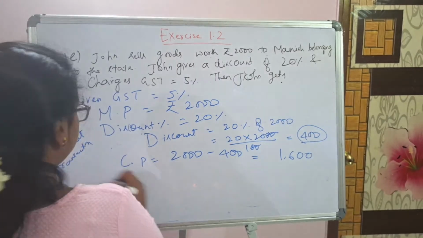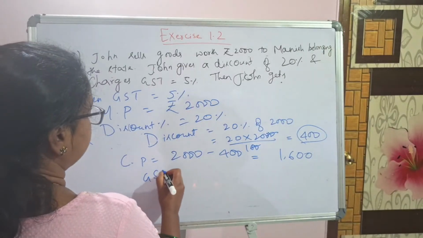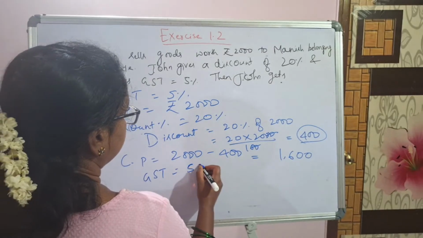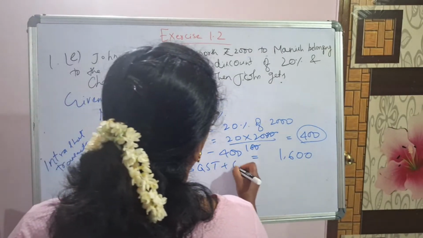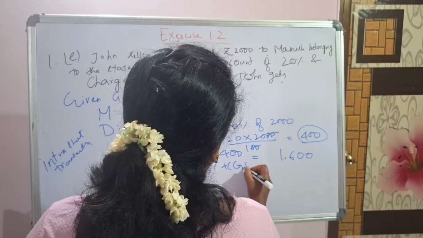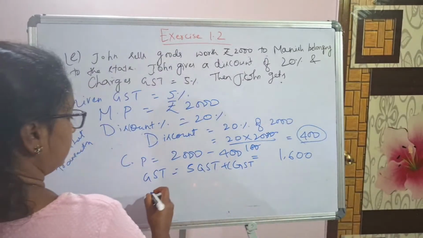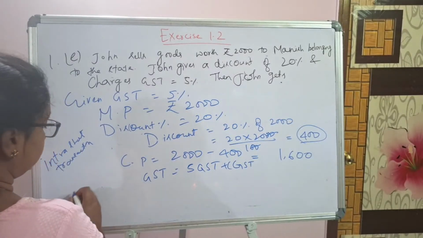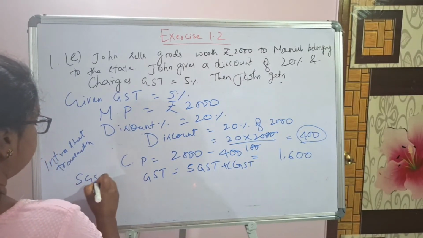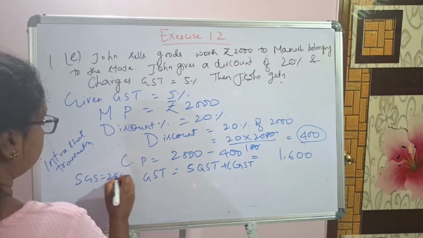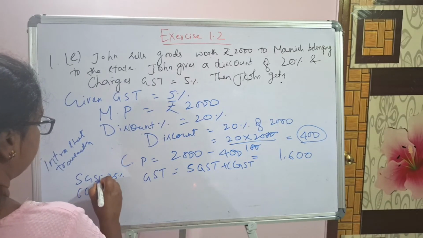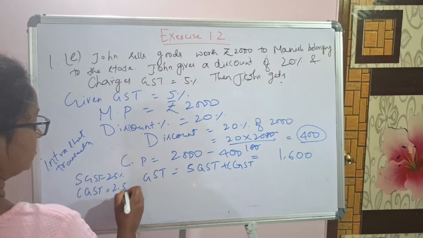Since it is an intrastate transaction, GST is equal to SGST plus CGST. That means SGST is equal to 2.5% and CGST is equal to 2.5%.